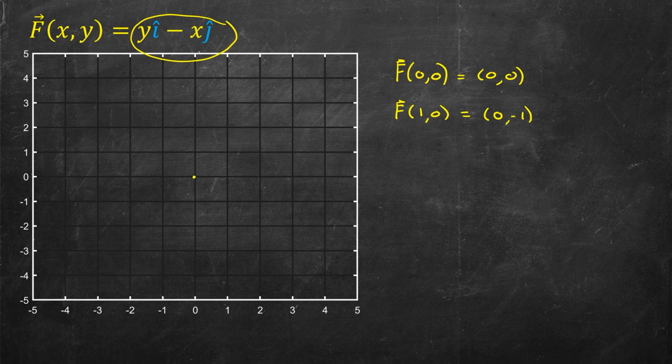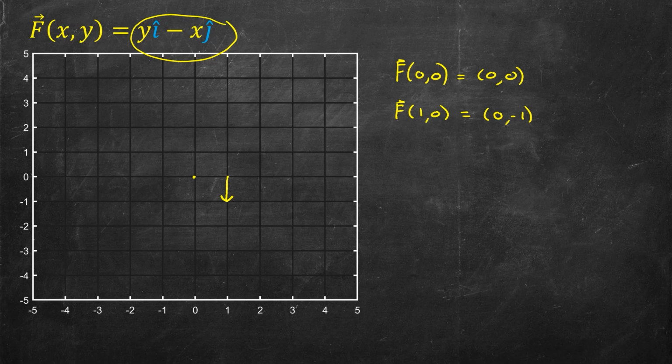Well, I first go to the location of 1, 0, which is 1 to the right and 0 down. But then I have to draw a vector, which is 0 to the right and minus 1 down. So I draw the vector that comes straight down and looks a little bit like this. So that is me drawing the vector at the location 1, 0, and the vector itself is the vector 0, minus 1.